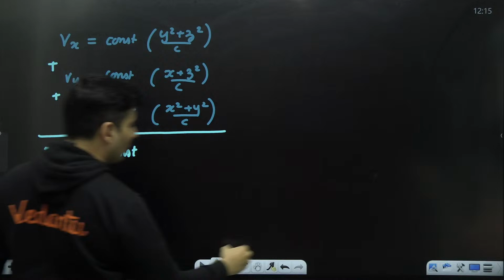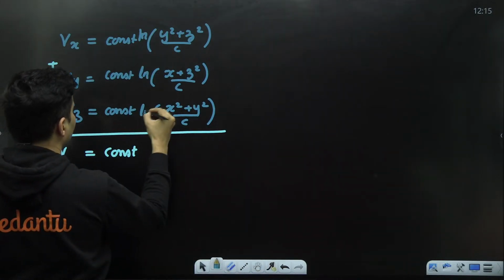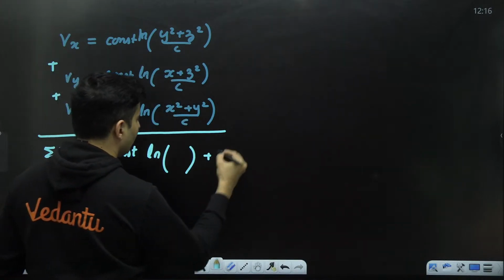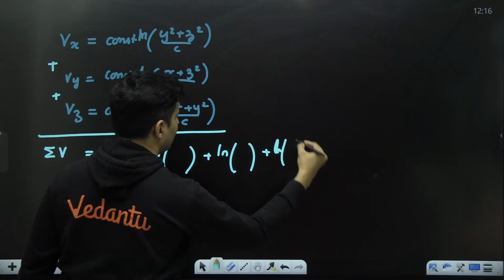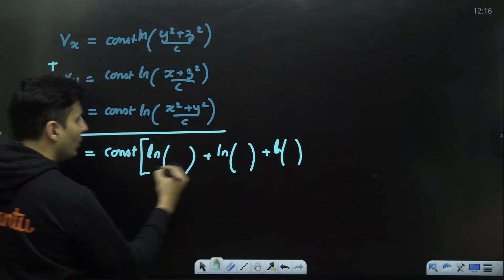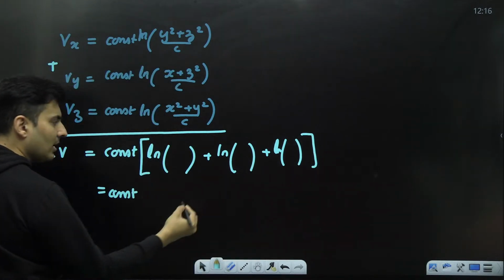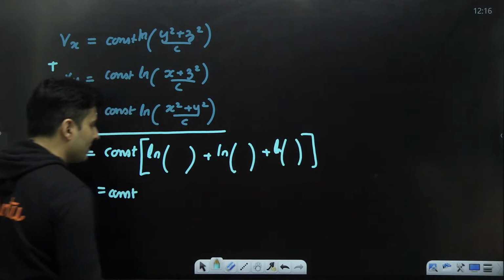Oh, sorry, I forgot the logarithm, my bad. Ln was there. So constant times ln of this plus ln of this plus ln of this. We know log a plus log b plus log c is log of a into b into c.